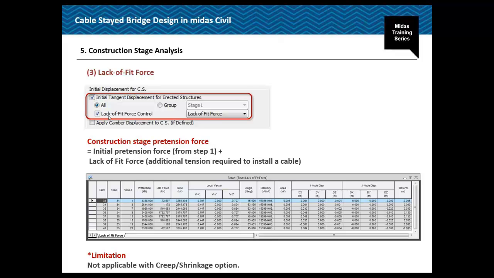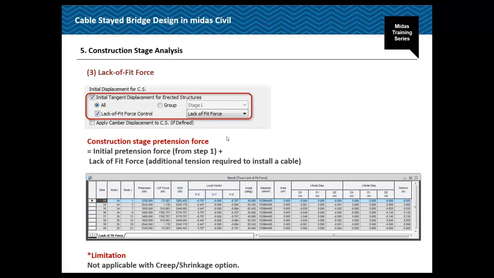And this Lego fit force will be checked on. And we should create the structural group for the truss and the beam element for which the Lego fit force will be calculated. So definition is very simple.